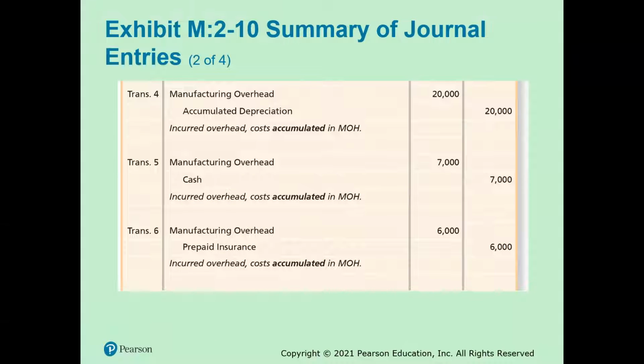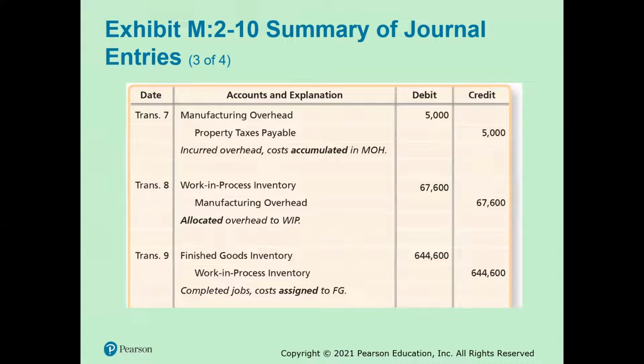Here you see the summary for transaction number 4, 5, and 6. Here you'll see the journal entries for transaction 7, 8, and 9.